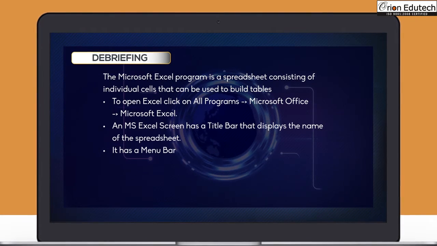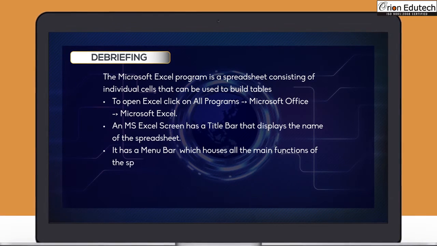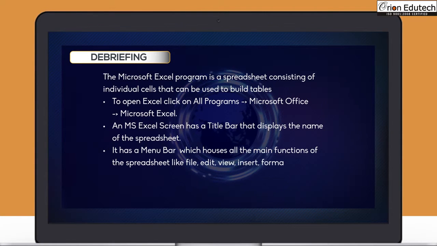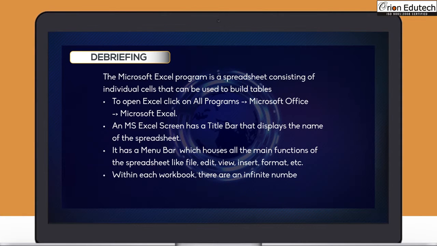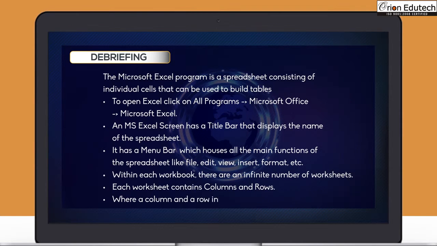It has a menu bar which houses all the main functions of the spreadsheet like File, Edit, View, Insert, Format, etc. Within each workbook, there are infinite number of worksheets. Each worksheet contains columns and rows. Where a column and a row intersect is called a cell.